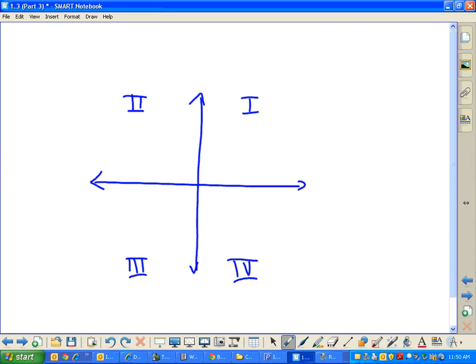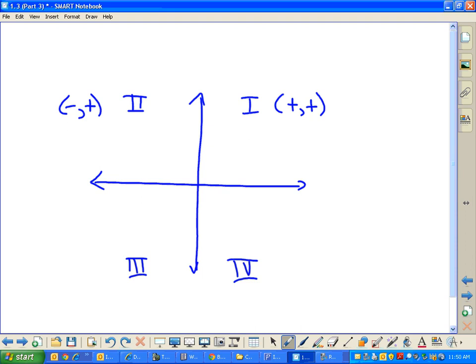So as far as my coordinates are concerned, x is positive, y is positive. In quadrant 2, please keep in mind, x's are negative, but y's are still positive, because you go to the negative x-axis, but you still go up to get into quadrant 2.